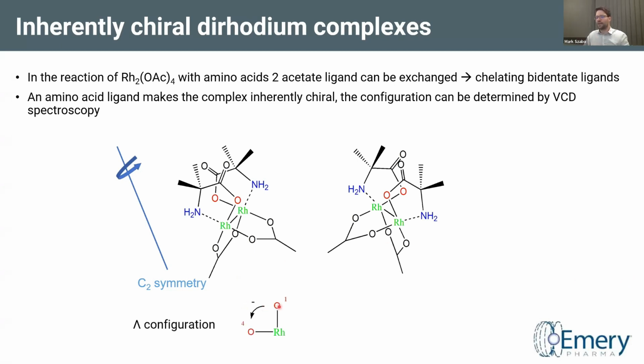We call this configuration lambda when, going from the oxygen to the rhodium to the rhodium to the oxygen, the dihedral angle is negative. In the other case, when the oxygen, rhodium, rhodium, oxygen dihedral angle is positive, we have the delta configuration.